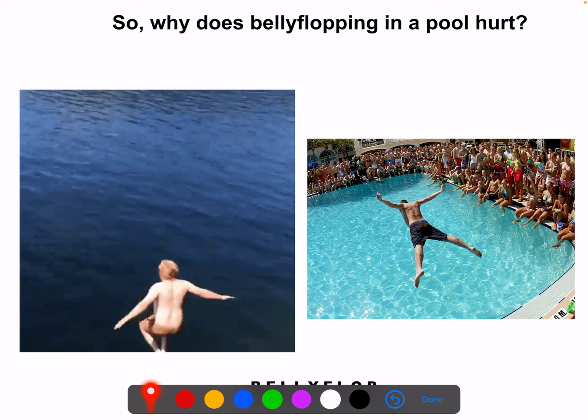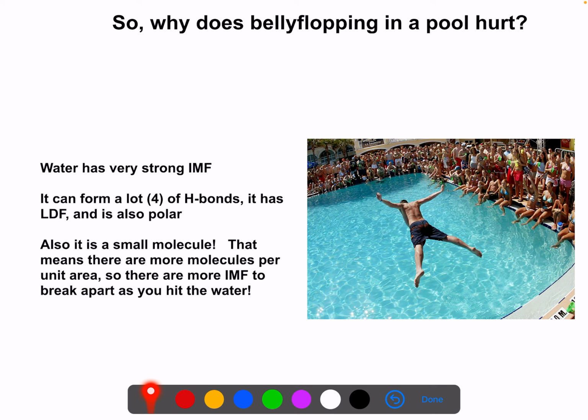The reason for that is when you jump down and land in a pool of water, all of that water on the surface is being held together by intermolecular forces of attraction. So when you slap that water and push it all out of the way, you have to overcome all of those hydrogen bonds. You have to physically separate molecules of water, and that takes a lot of energy.